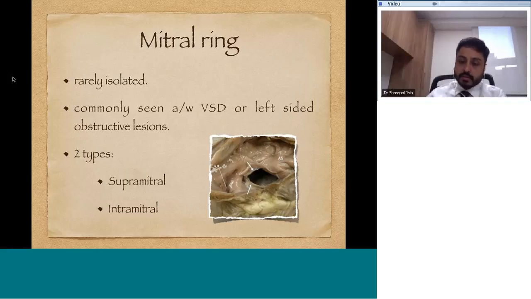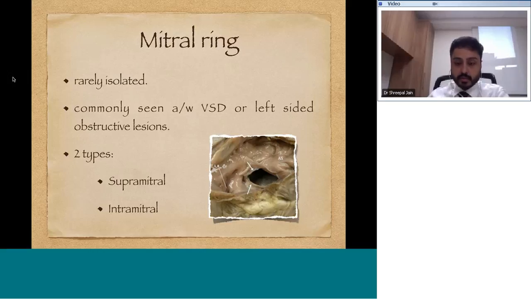The membrane is usually not adherent to the leaflets, and majority of the time the subvalvular apparatus, that is the chordae tendineae or the papillary muscles, are normal. The other subset, that is the intramitral ring, is where there is a fibrous membrane attached very closely to the leaflets and commonly associated with abnormal subvalvular apparatus.